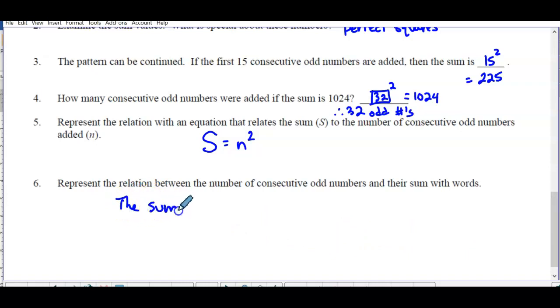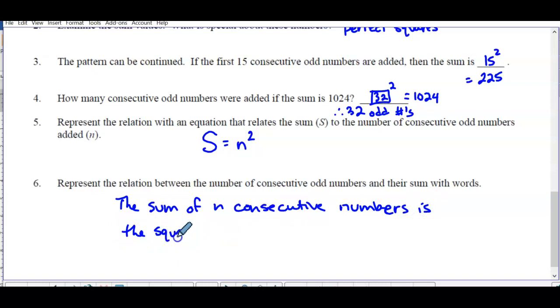So the sum of n consecutive numbers is the square of the number of consecutive numbers.